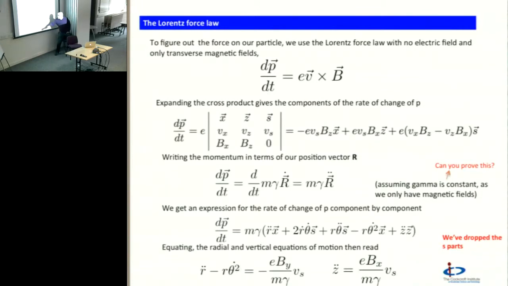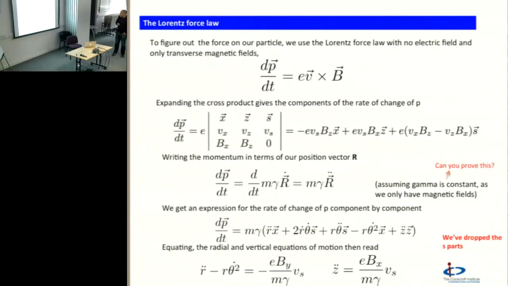Why is that good? Because dP by dt is d by dt of m gamma r dot, or equal to m gamma r double dot. I've assumed that gamma dot is 0. So operating on this, there's going to be a bunch of terms. m dot is clearly 0. The r double dot term I've retained, and I've dropped the gamma dot term.